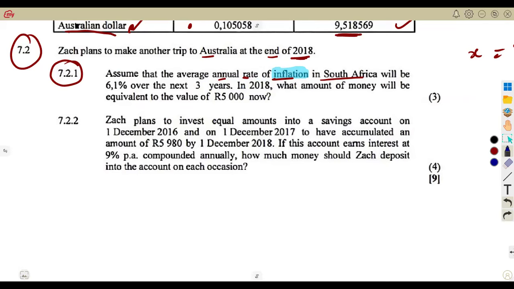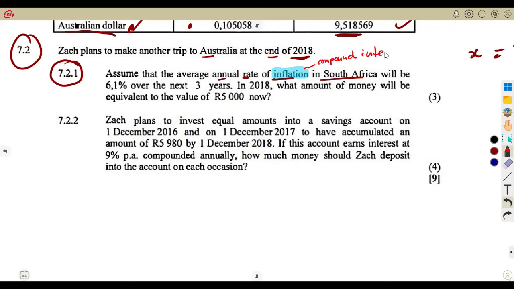So check your introduction, guys. When we talked about the compound interest formula, I said it can be used for population growth. It can also be used for inflation. So here we are talking of our compound interest formula to be used.